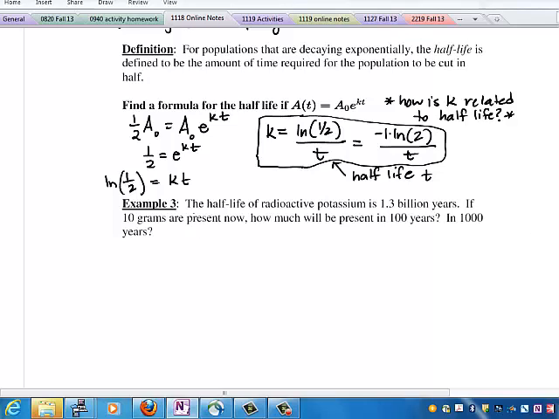In example 3 here, they give us the half-life, 1.3 billion years, and we can use that to find k. k is going to be negative natural log of 2 divided by 1.3 billion.